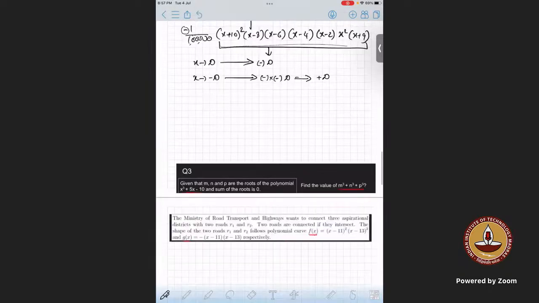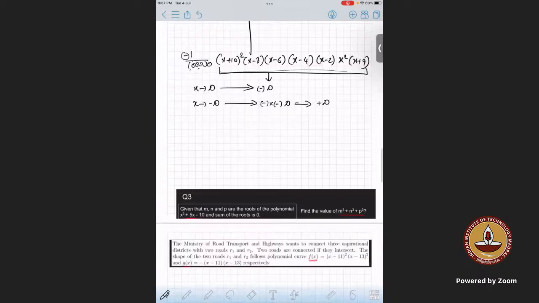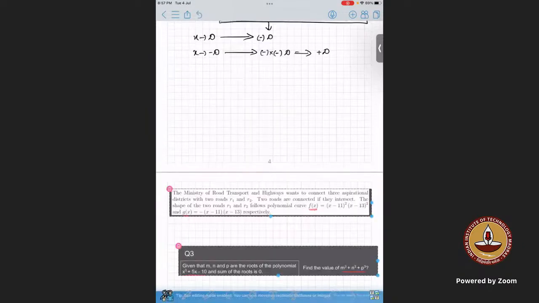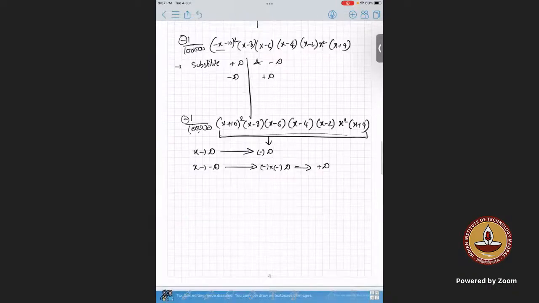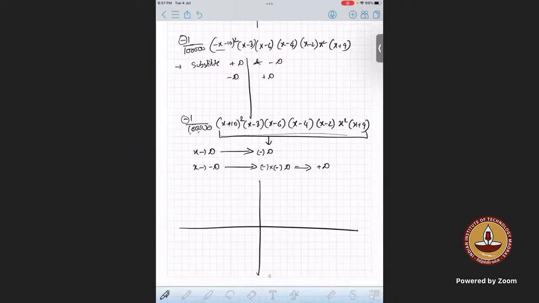So you got the end behaviors now. You can say that this is x tends to plus infinity and minus infinity.